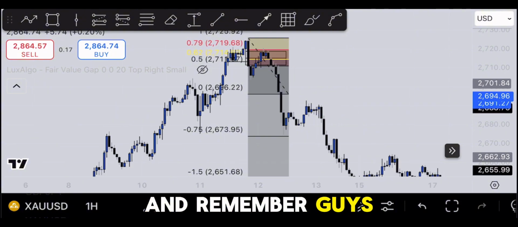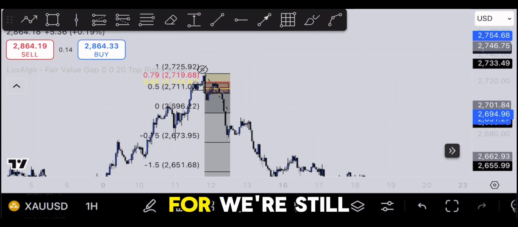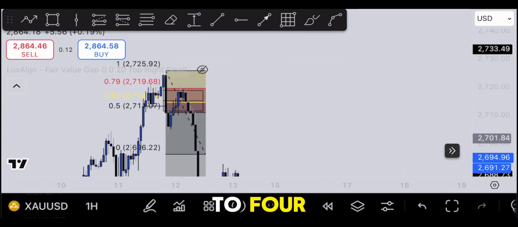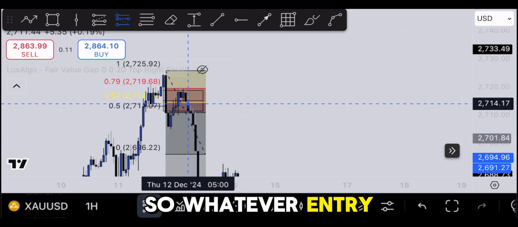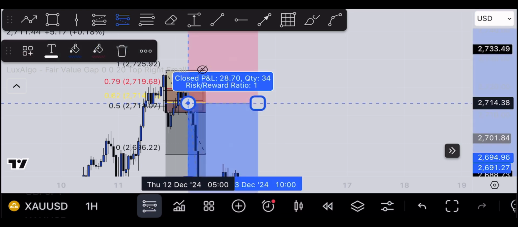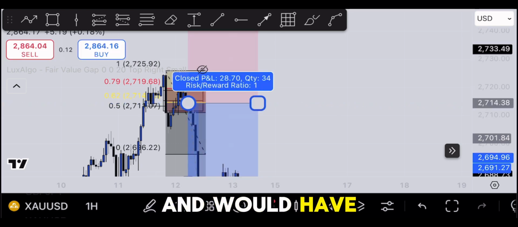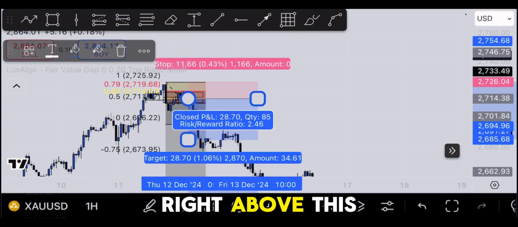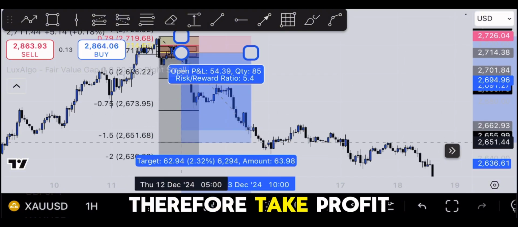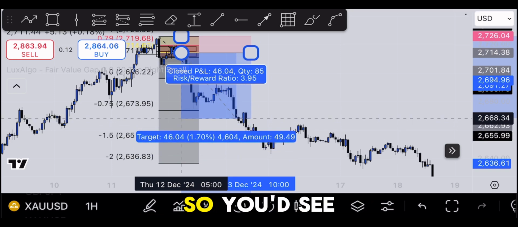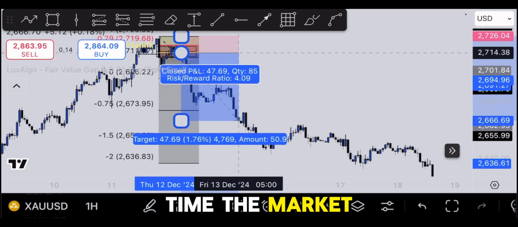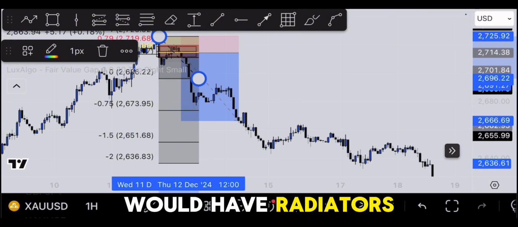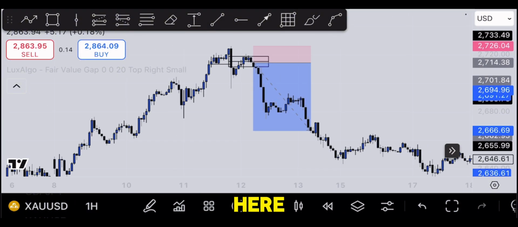And remember guys, we're still aiming for 1:4. So we'd have our entry at this yellow line over here, and would have our stop loss right above this zone, and we'd have our take profit at 1:4. So you'd see that by the time the market got here, we would have already had our take profit hit.